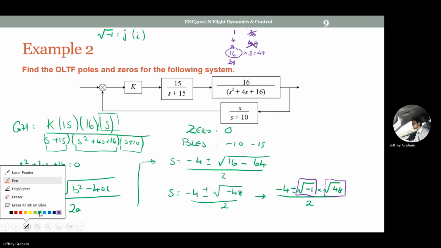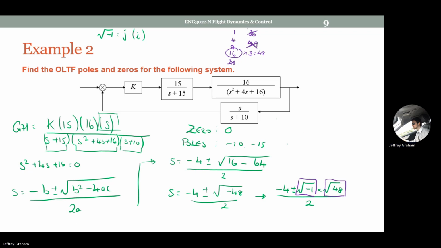So we've got minus 4 plus or minus the square root, 48 is getting split into 16 times 3. We're taking the minus 1 as J, all divided by 2.